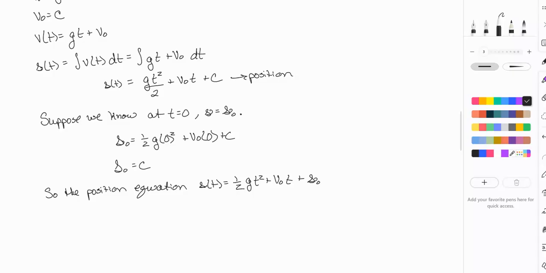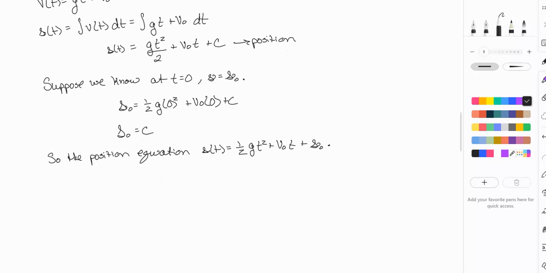So this is how things are going to fall on Earth, and that's if we ignore air resistance. If we know the position, so where it was dropped from, the initial height, and we know how fast it was thrown. If we're throwing something, if we drop it, then the initial velocity is 0. Then we can figure out the position of any object.